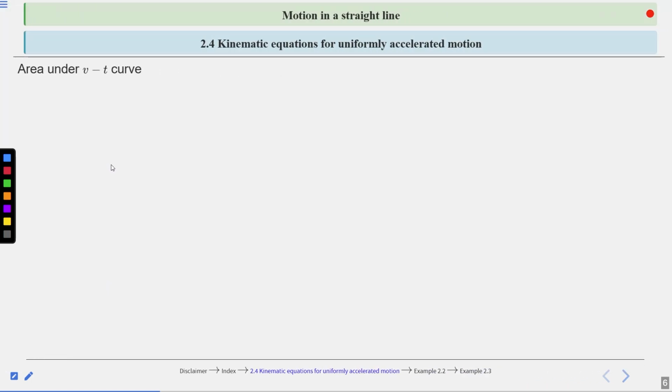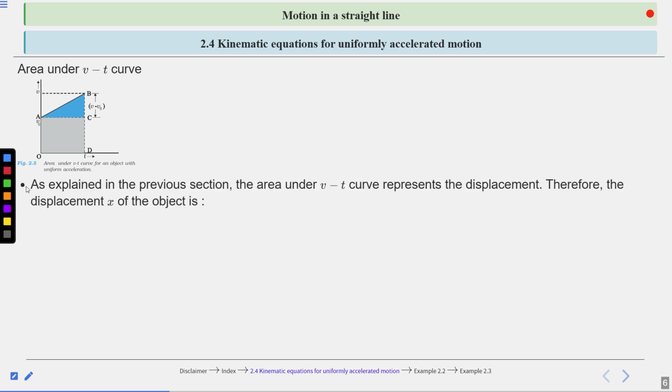So this is the area under the v-t curve. As explained in the previous section, the area under the v-t curve represents the displacement. Therefore, the displacement x of the object is x is equal to half of v minus v naught, times t, plus v naught t. So this is the displacement of the given particle, and let this be equation 2.5.